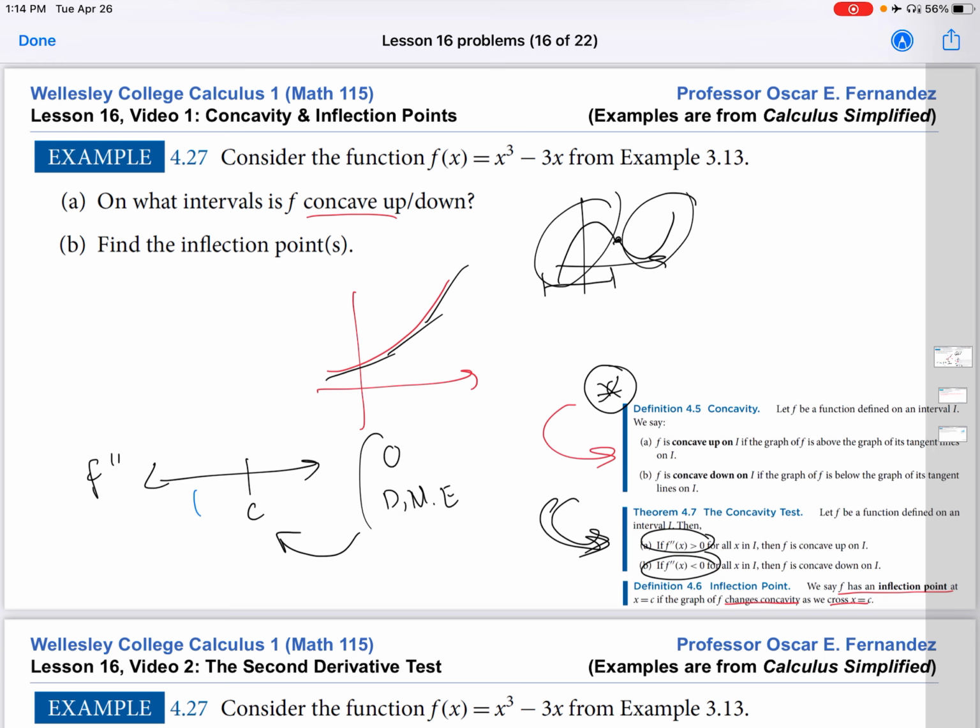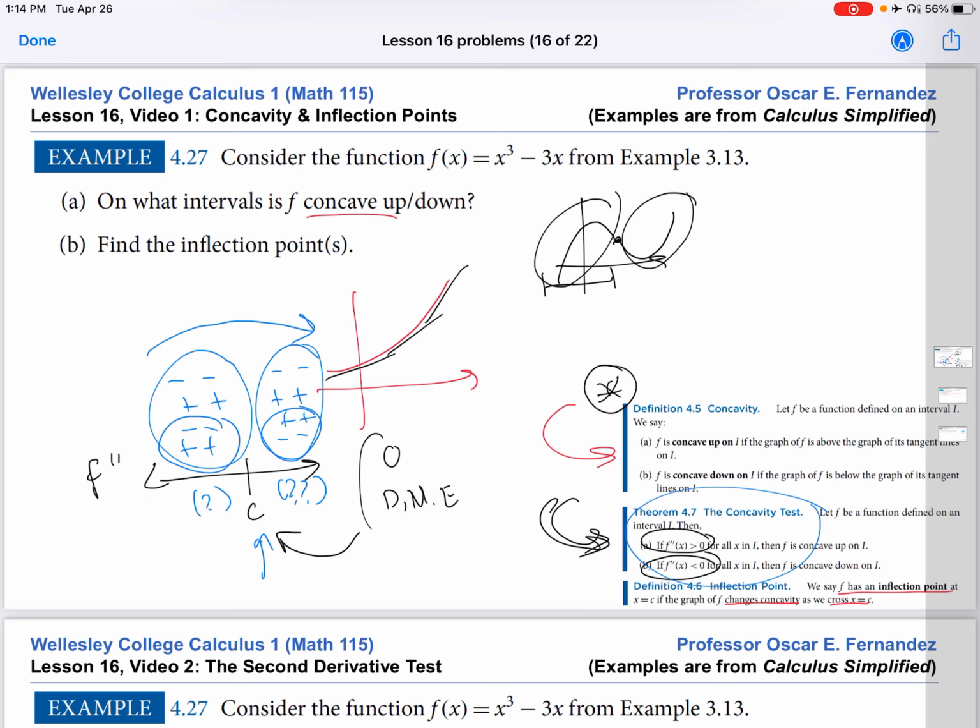And then, as in local extrema, you pick values over here and values over here, and you look at the sign. Is it positive to negative? Is it negative to positive? Or is it some strange setting where the signs don't change as you cross the x value? This will give you concavity information by itself, by the concavity test, and then looking at how the concavities change will give you information about the inflection points.